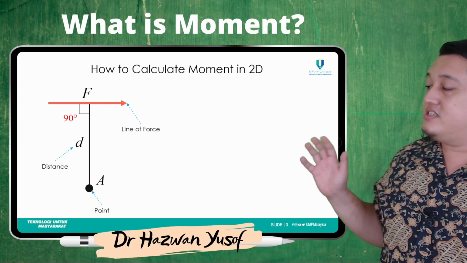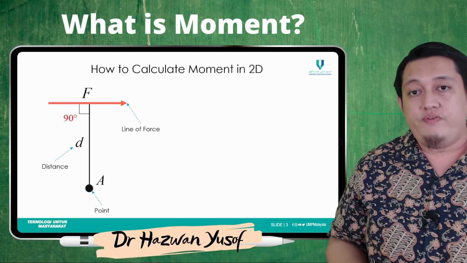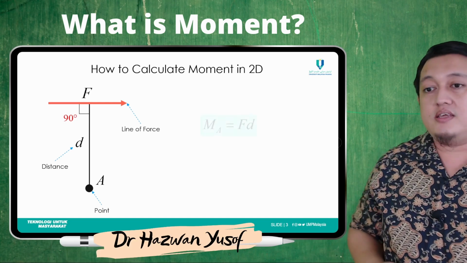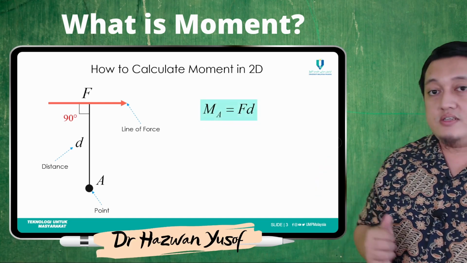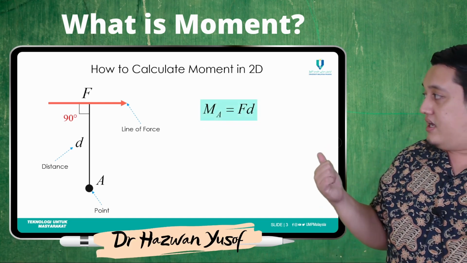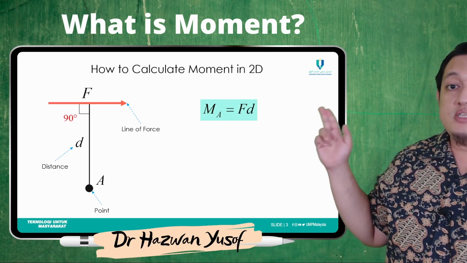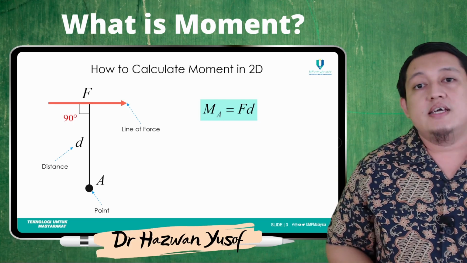When all the conditions are fulfilled, we can calculate the moment at point A using this equation: moment at A is equal to the value of the force multiplied by the value of the distance.